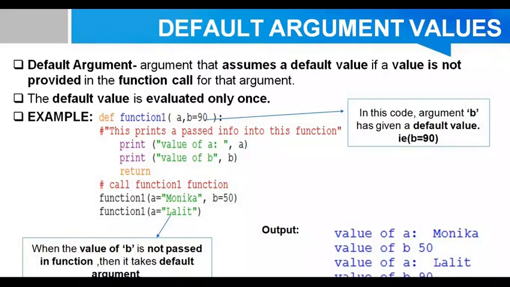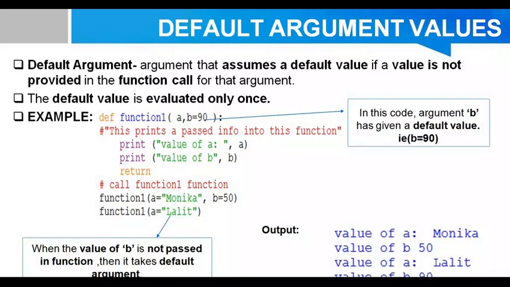No change of code, I just change the statement: in the previous example I was calculating the sum, and in this case I am printing the values of a and b. When I call it here, I am passing a and b. If I simply pass a, then in this case it will take the default value of b.